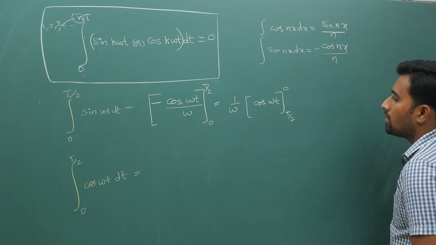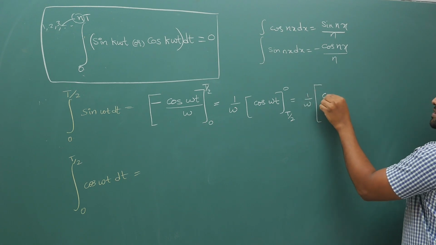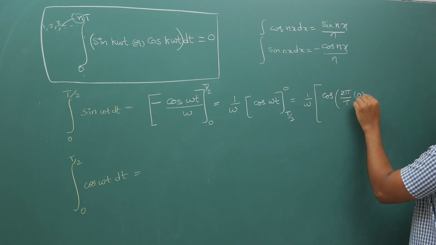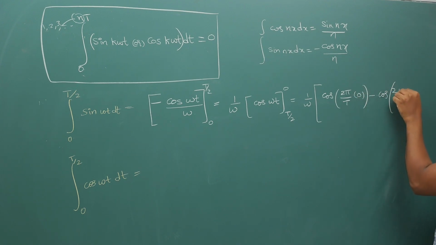Upper limit once I substitute, 1 by omega times cos of, where omega is 2 pi by capital T, into 0, minus cos of 2 pi by capital T times T by 2, okay, right.